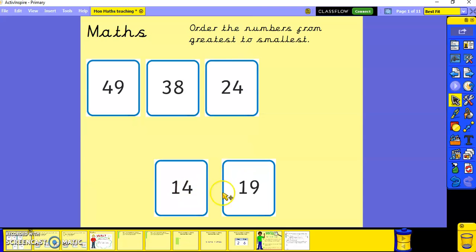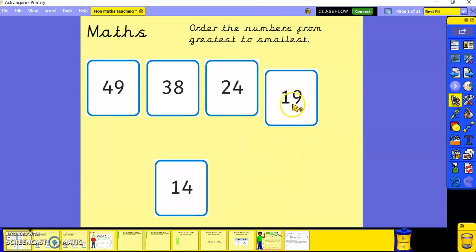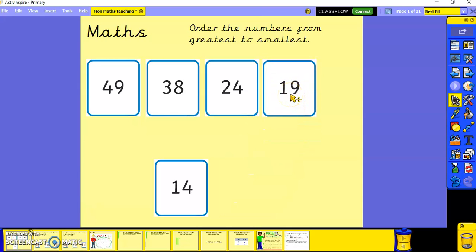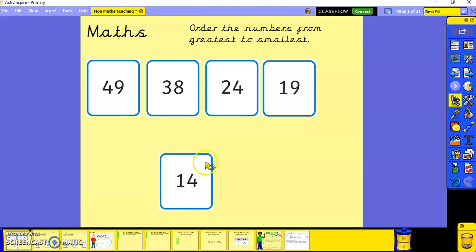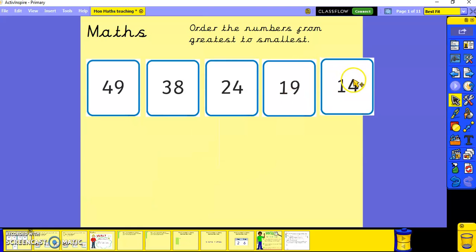So this time we're going to have to look at the ones as well, for which number has got the most ones, as they have an equal number of tens. So 19 has got more ones than the number 14. So 14 is the smallest. So we've got 49, 38, 24, 19 and 14.